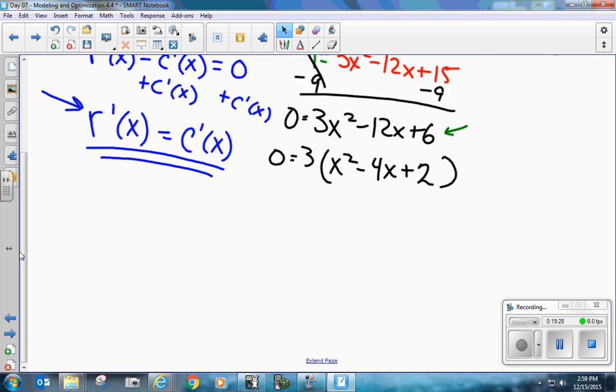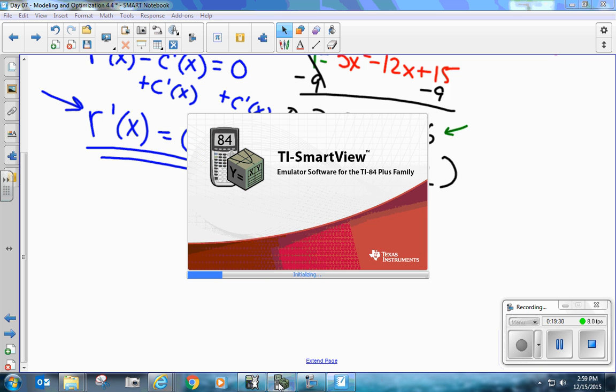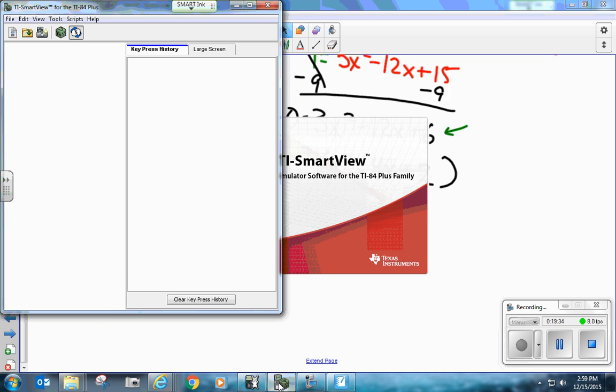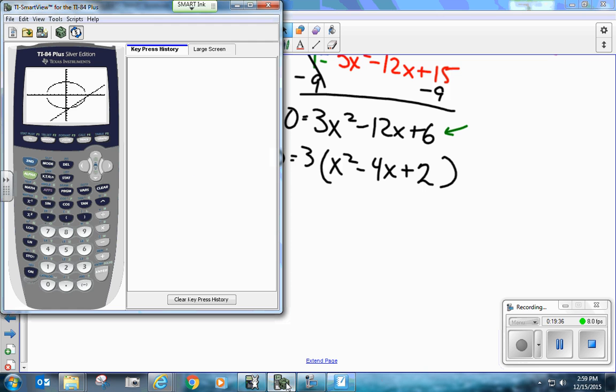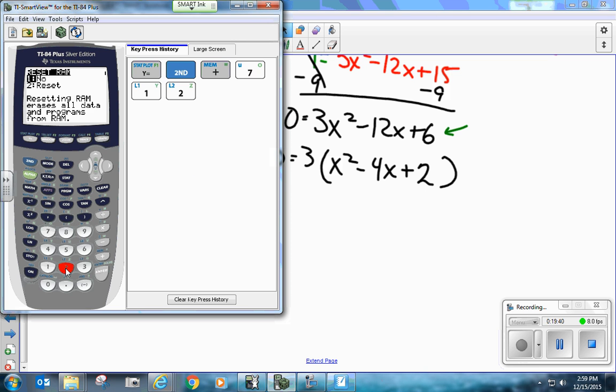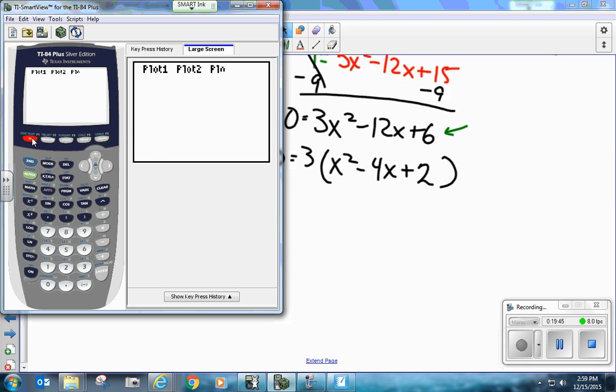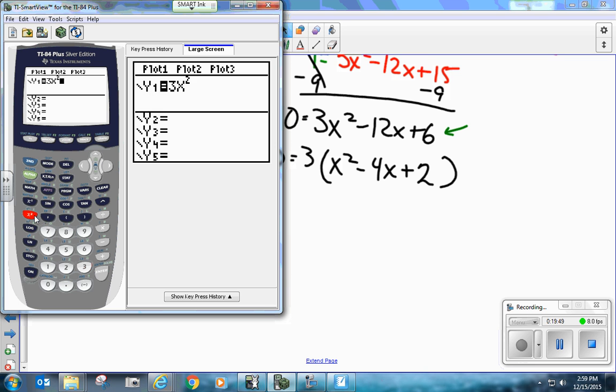So, we'll open up this calculator, open up our second calculator, and the equation that I'm going to put in there is, out 3 y equals, I'm going to put in there 3x squared minus 12x plus 6.